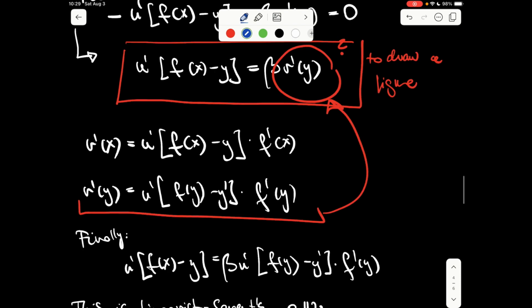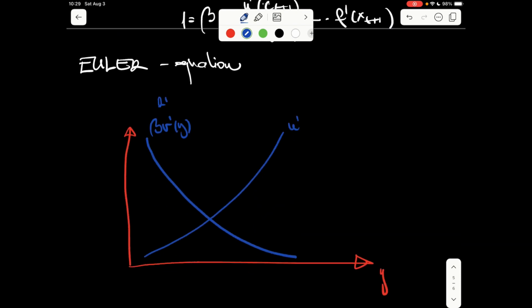You can see this is the left hand side, this is the right hand side, and this is the left hand side of the first order condition. So we can be certain under specific assumption that this is true, and the intersection shows the optimum solution to the problem. And this figure can be used.